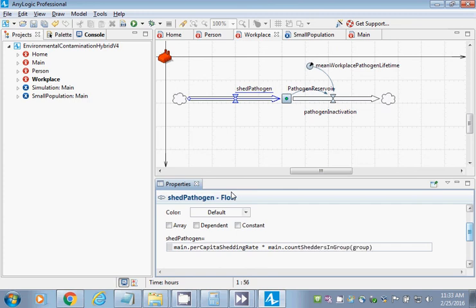Now, ladies and gentlemen, I'd like to do this. Inside count shedders in group, which is the group? This dot get agents in range. In range of what?